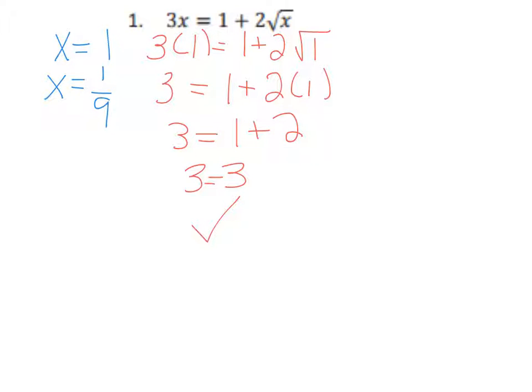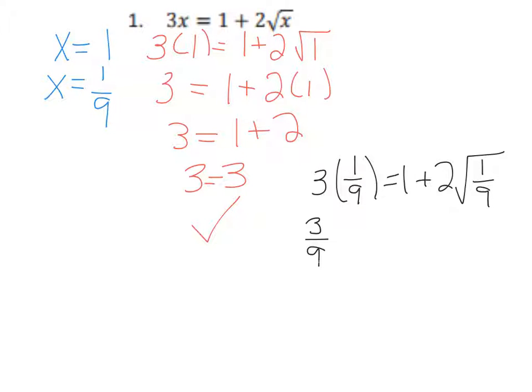Let's change color again here and take a look at when x equals 1 divided by 9. I have 3 times 1 divided by 9, and does that equal 1 plus 2 radical 1 divided by 9? 3 times 1/9 will just be 3 over 9, and does that equal 1 plus 2 times radical, and let me rewrite this as radical 1 divided by radical 9.